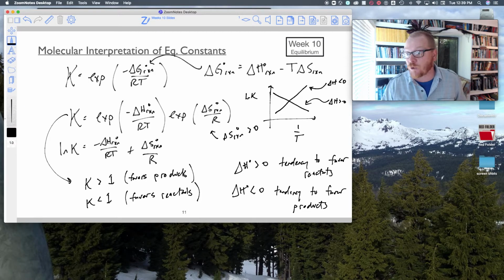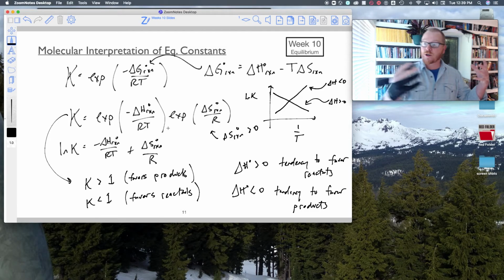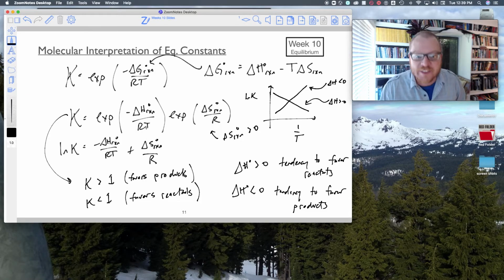One chunk will be greater than 1, the other chunk will be less than 1, and when we multiply them together, that's going to tell us what won. Did the entropy win or did the enthalpy win? And as it turns out, the temperature of that situation is critically important.